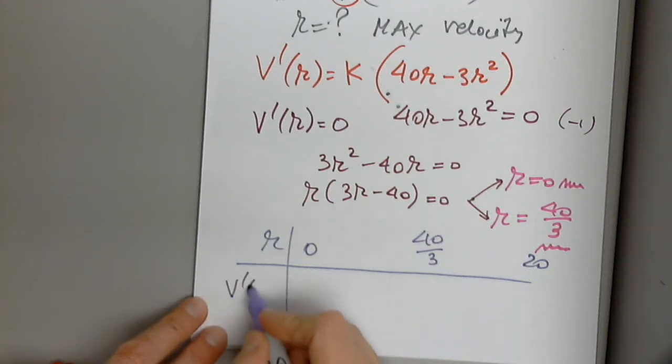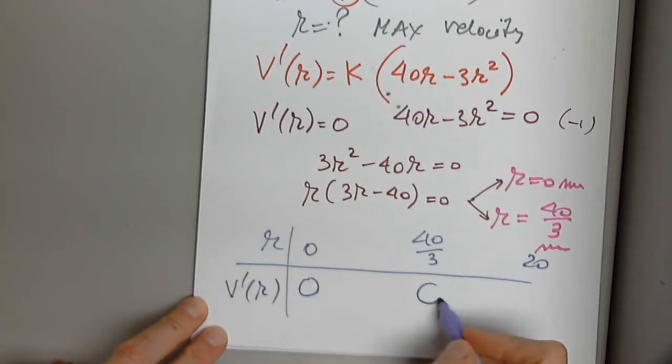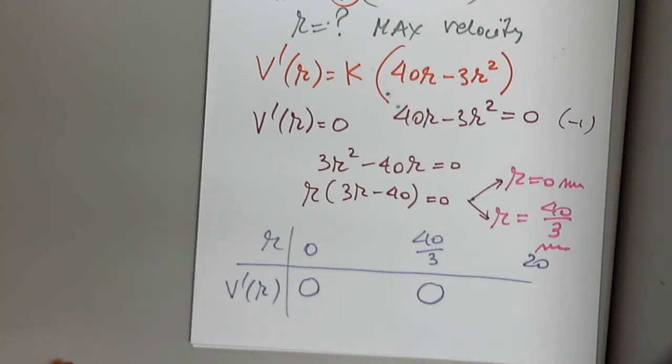And V prime of r. This is 0, this is 0. Is that 40 over 3? I have to move -40 to the other side and divide by 3. Okay. Right? Yes. Good.